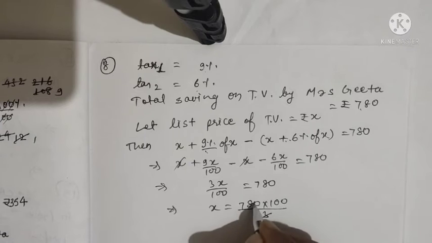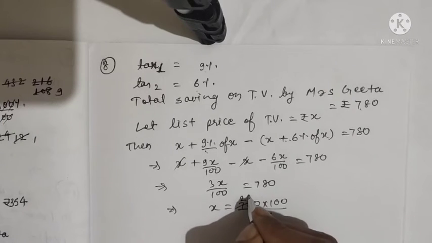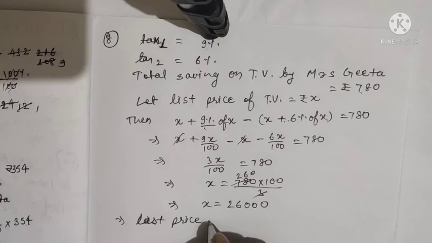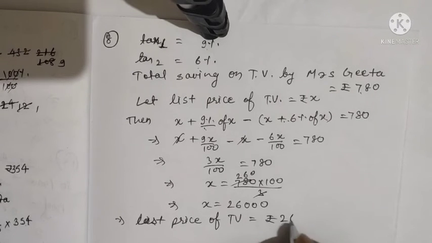Hence 3 2s are 6, 3 6s are 18, 260 times 100. That implies X is equal to 26,000. That implies the list price of the TV is rupees 26,000. You have your answer. Simple.